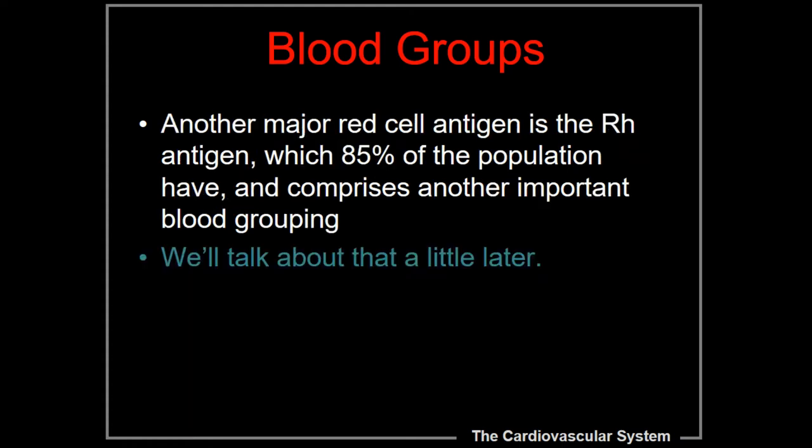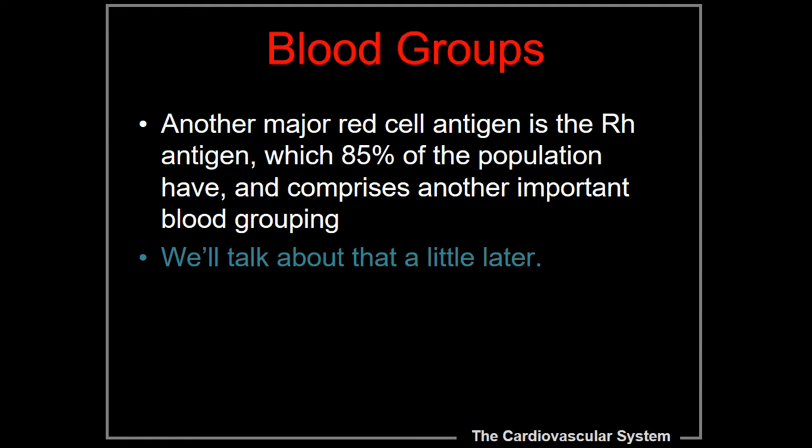Another major red blood cell antigen is the Rh antigen, which 85% of the population will have, meaning they are Rh positive, and it comprises another important blood grouping. And we'll talk about that here in a little bit. But when you ask people about their blood type, they'll say, I'm either A positive or B positive.